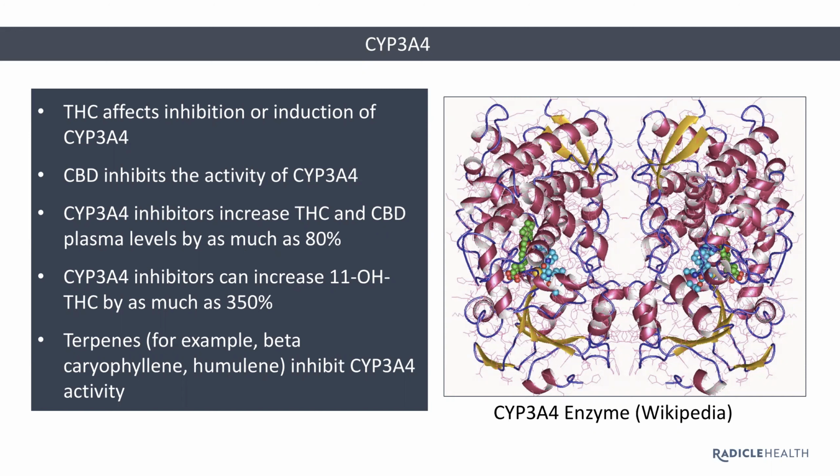We really don't know much about the other cannabinoids like delta-8 or CBDA or THCA or CBG and how they are metabolized and interact with other medications. But he did have a very, very strong reaction to delta-8 THC, which is quite unusual and not something I've seen in most of my other patients who've used that. So my guess is there must be a drug-to-drug interaction going on there that's intensifying the effects for him. We also know that there are some terpenes, for example, beta-caryophyllene and humulene, that can inhibit the CYP3A4 activity.